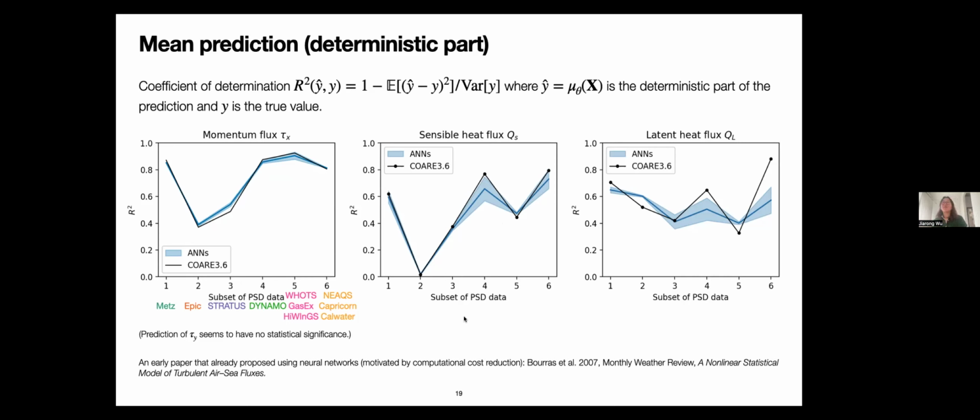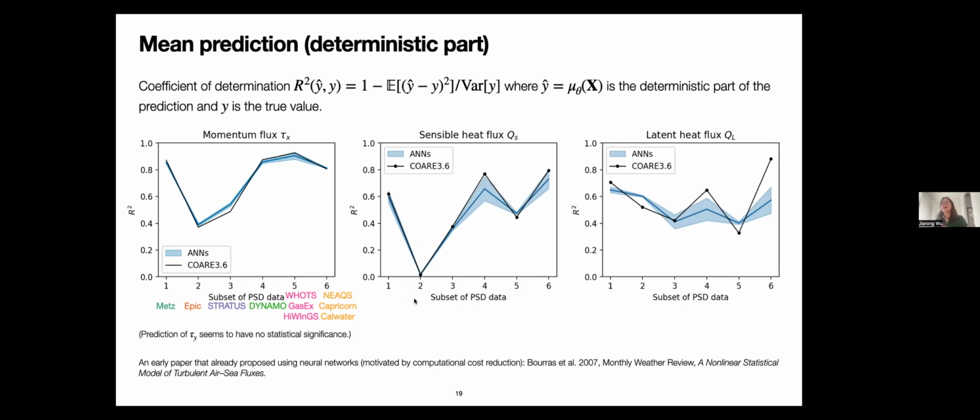So really, if you accept that you only have these inputs, bulk is a pretty good model, even in a statistical sense. But I should point out that in some subsets, for example the sensible heat flux QS in this middle panel, applied to subset 2, which is the EPIC campaign, both the ANN and COARE have almost no predictive skill. The R squared is almost 0.